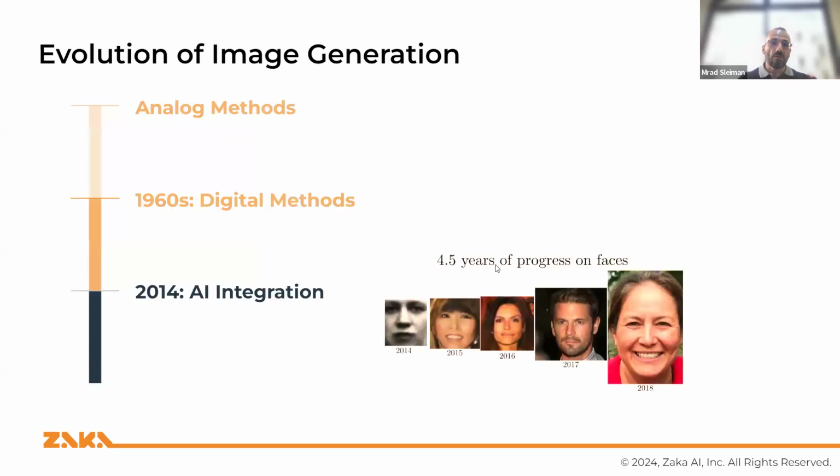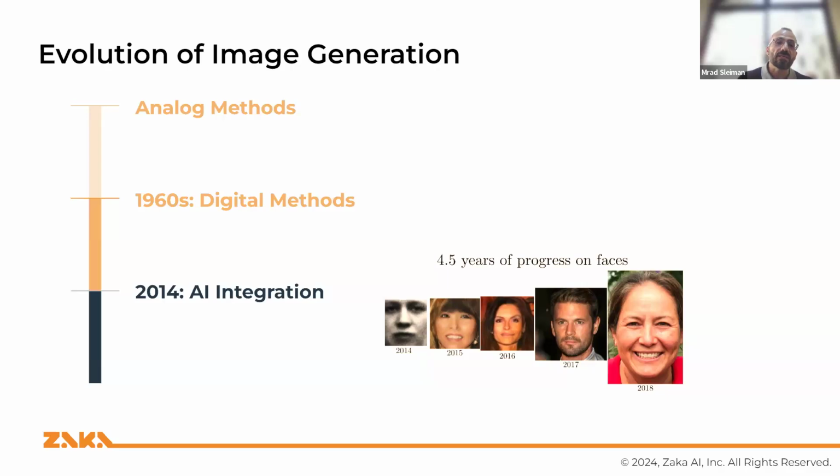All right. Now, a little bit of history about the evolution of image generation. Things started with analog methods, meaning drawing paintings using pencils and other traditional materials like brushes.